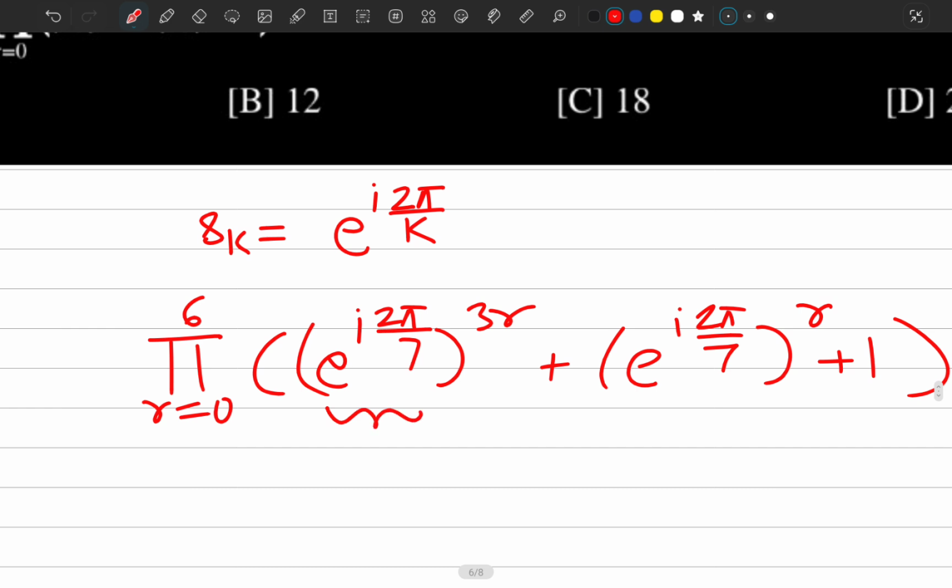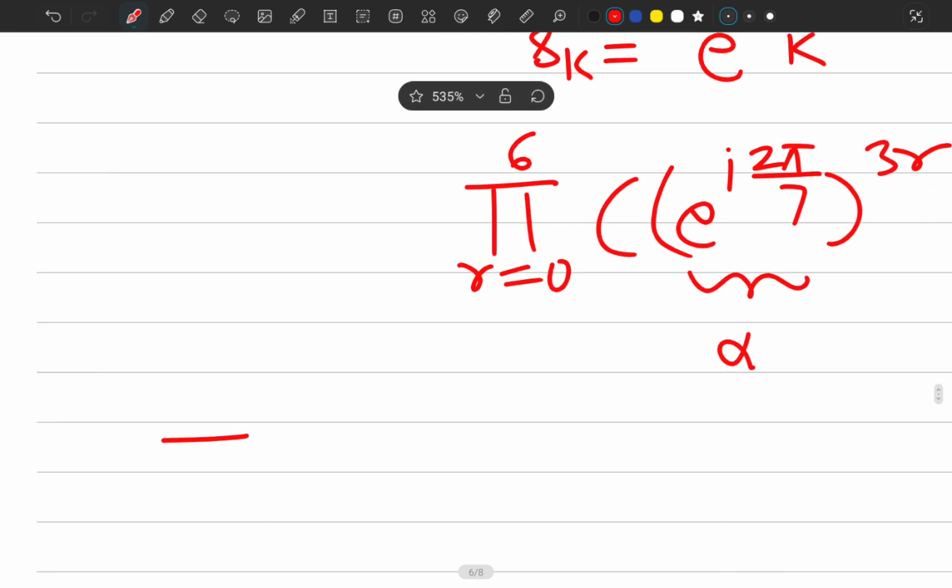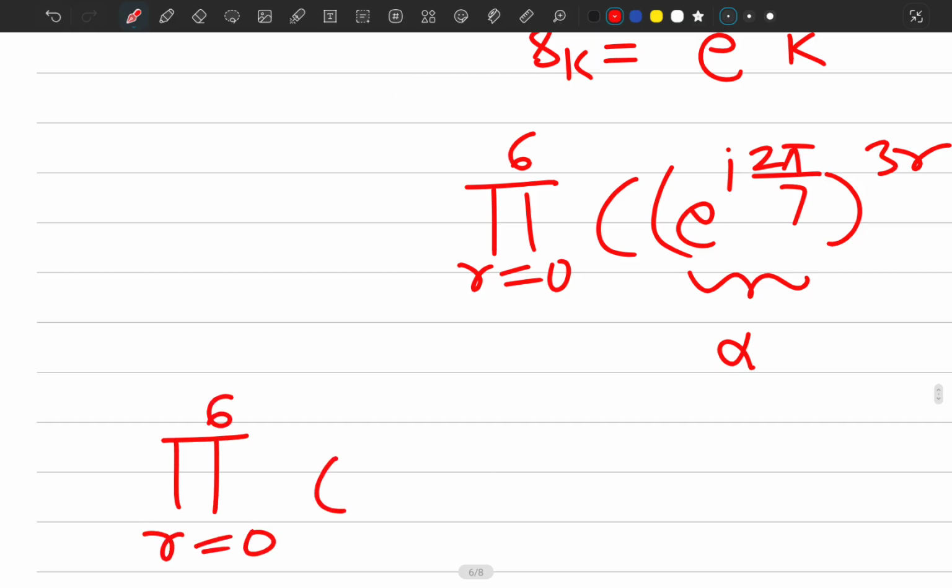Let us say this is alpha, so we can say that it is alpha 3r plus alpha r plus 1.